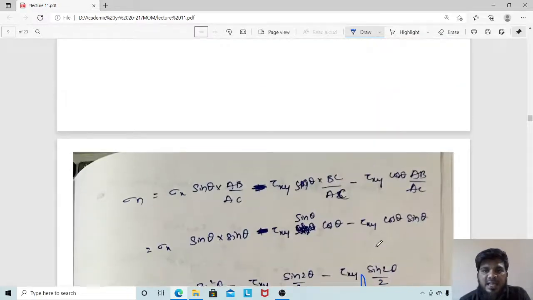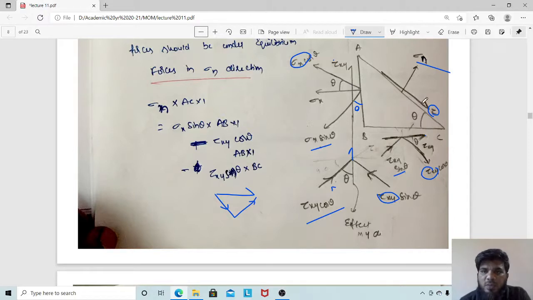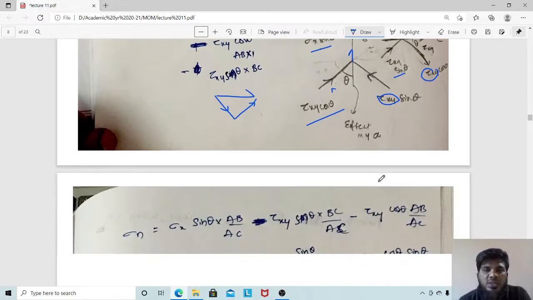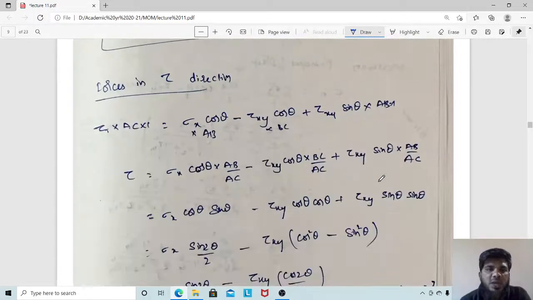Now for the direction, let's go back. See the directions: tau is moving from top to bottom, so opposite means positive, same direction means negative. When you are equating, same direction should be considered negative, opposite direction should be considered positive. So these are in opposite direction, considered positive, and this is in the same direction, considered negative.